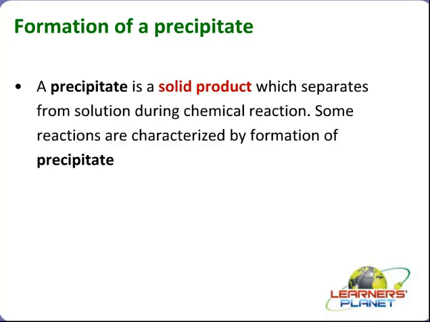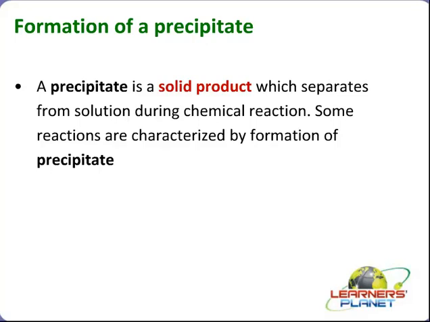To a point the sugar will be dissolved and after that it will settle at the base of your glass. Now a precipitate can be defined as a solid product which separates from solution during a chemical reaction, right?